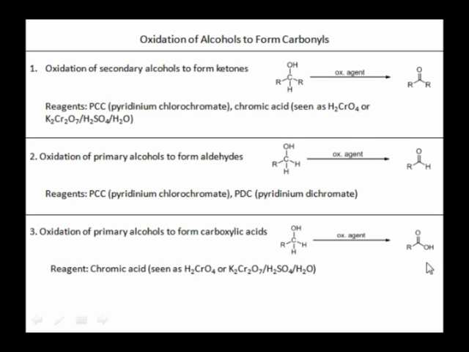Depending on the reagent we choose, PCC will take it to the aldehyde, or chromic acid in water will take it all the way to the carboxylic acid. From the carboxylic acid, we can then go on to access carboxylic acid derivatives such as esters and amides and other derivatives of the carboxylic acid, and we will see that in a future lesson.